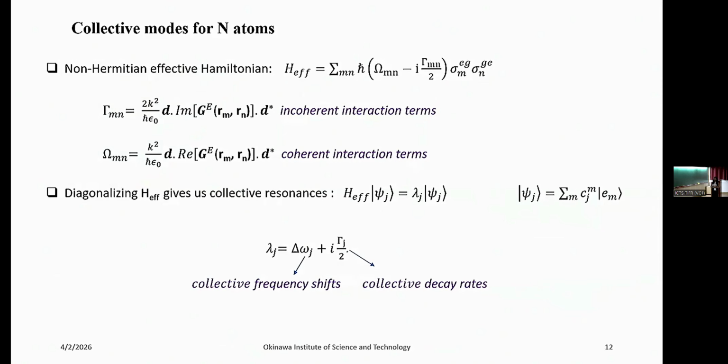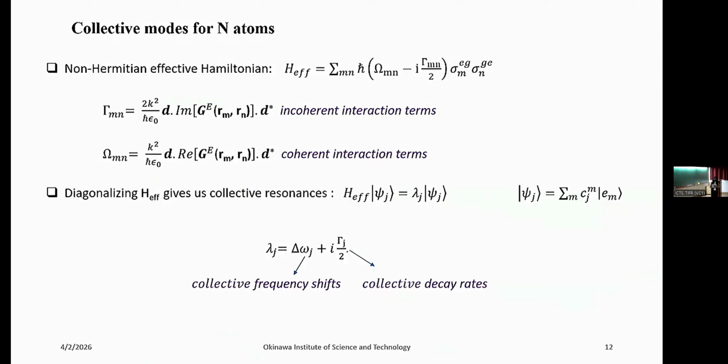And now I extend this work to n atoms and write the effective non-Hermitian Hamiltonian. Here also, the incoherent and coherent interaction terms are given by Green's function elements, and we get the n cross n matrix.